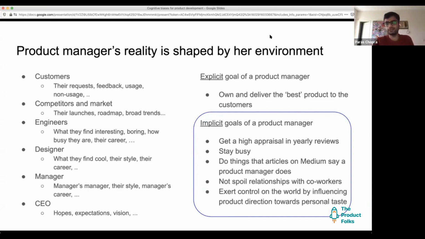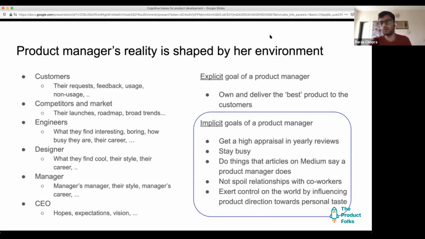So the gist is that even though the explicit goal is that you need to deliver the best product, all these forces start shaping behavior so that this explicit goal slowly starts disappearing and degrading. Because from a moment to moment perspective, depending on what organization you're embedded in and what your own personal nature is, you'll start chasing these implicit goals rather than explicit goals.